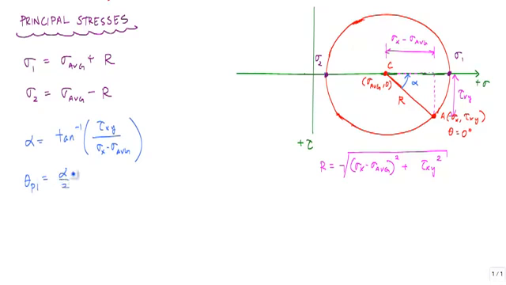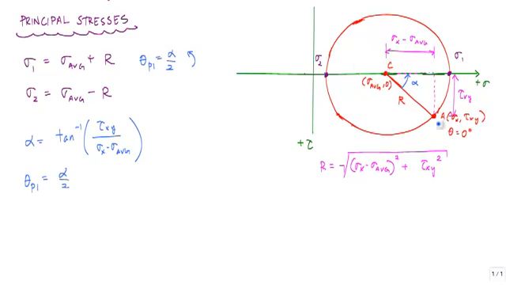The thing we have to remember is that whatever angle you rotate in Mohr's circle, you rotate half that on the element. So theta p1 is equal to alpha over 2. And because we would go from 0 degrees counterclockwise, this theta p1 is also counterclockwise. We can also calculate the angle associated with sigma 2.